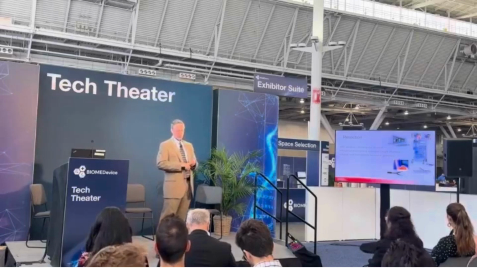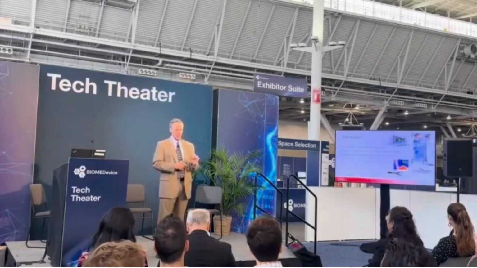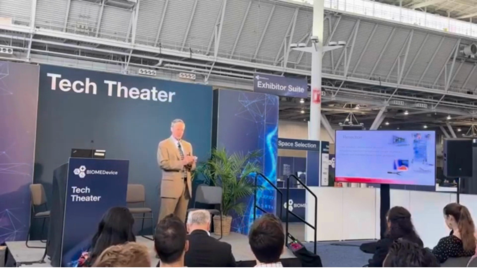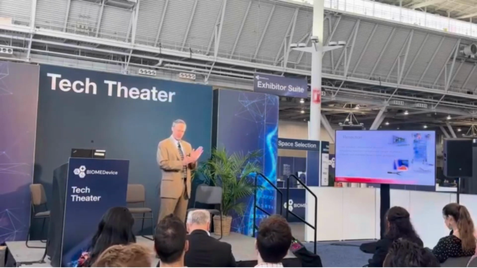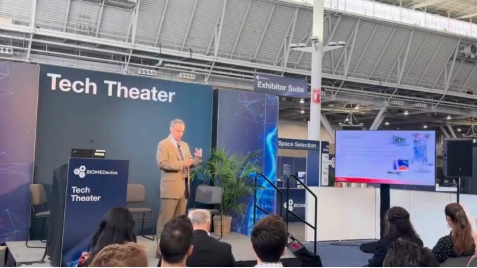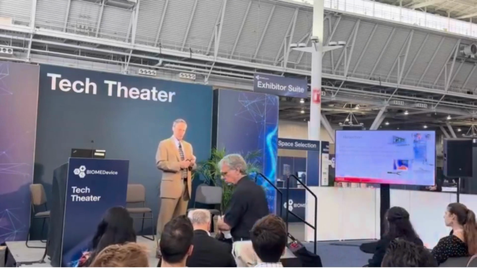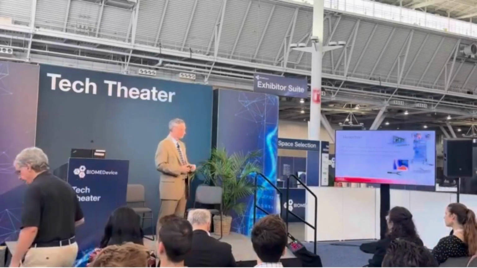RF ablation is pretty interesting because you can deliver energy and ablate tissue in a fairly small amount of real estate. You don't have jaws opening, you don't have scissors and punches that have to articulate and move. The energy is delivered in a fairly small diameter, so it's a pretty significant area.